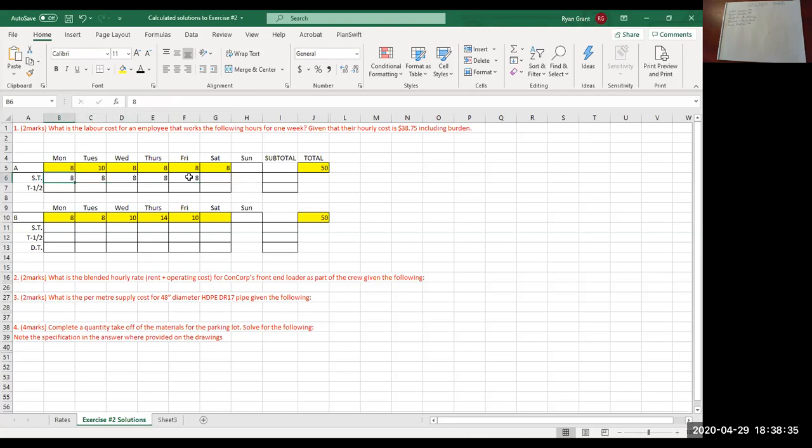So Monday through Friday, all of those 8-hour days are pulled down. Only 8 of the 10 hours on Tuesday are brought into straight time. And then because the total of those 5 days times 8 hours equals 40 hours for the week, anything in addition to that is no longer straight time, it's overtime.